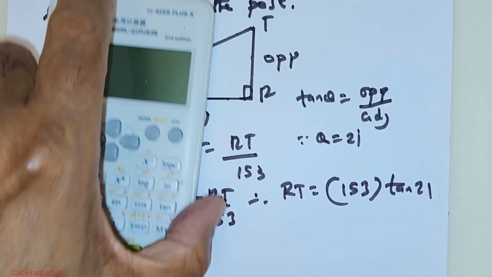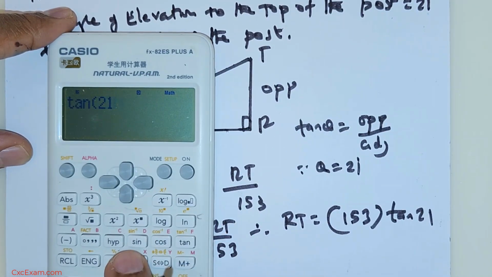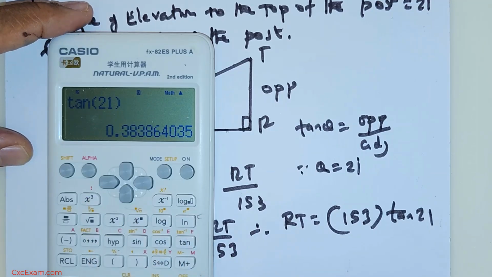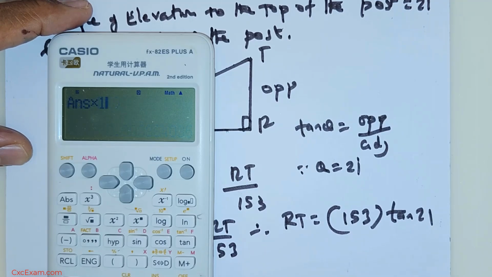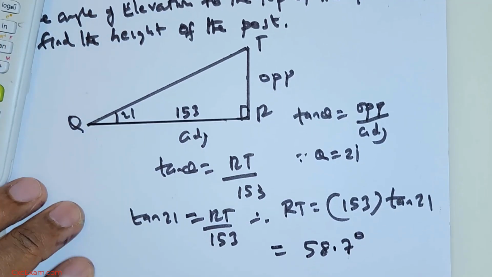So what is tan 21? Tan of 21 is equal to 0.383864. You multiply it with 153. That is giving you a value of 58.737. I'm going to take it as 58.7.